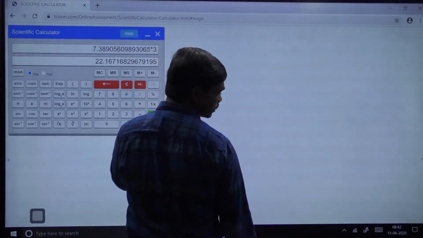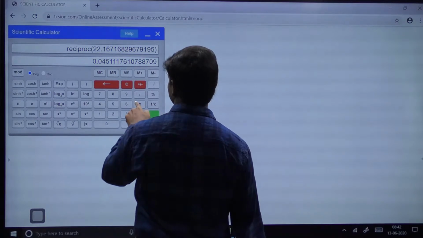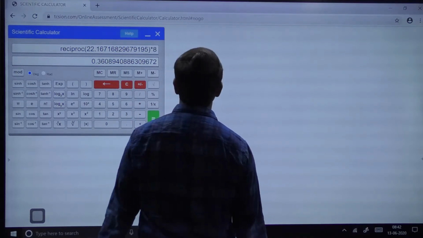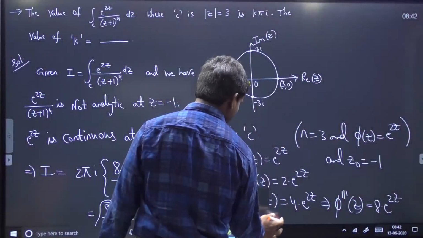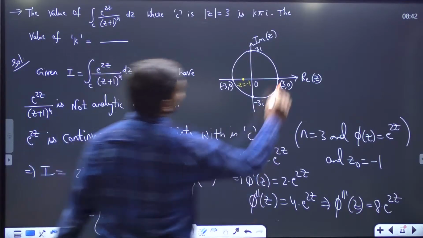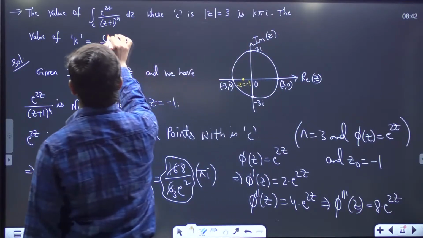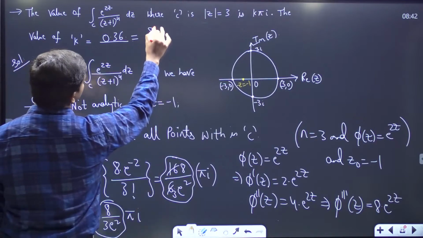This is 3 e square, and you have to have this term divided by 8. So 1 by x into 8 will give you 0.36089 as the answer. So the answer for this is 0.36, which is equal to 8 by 3 e square.